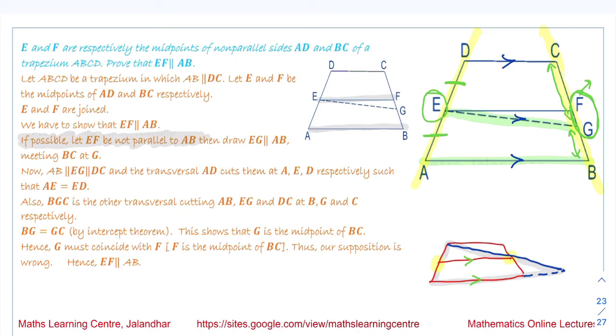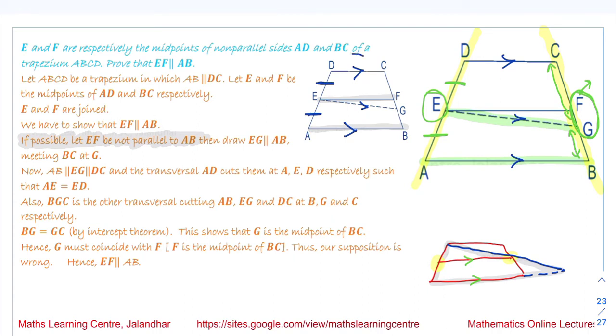We are saying that this ED length and this EA length are equal to each other. AB line, EG line and DC line are parallel to each other. This is by our construction.